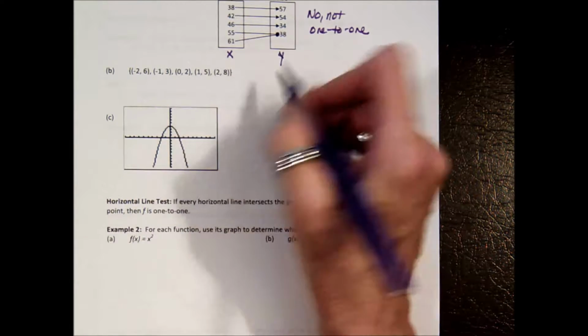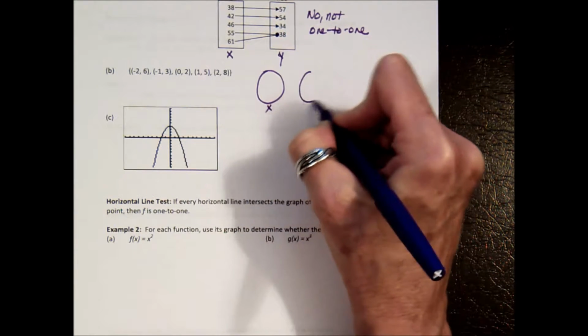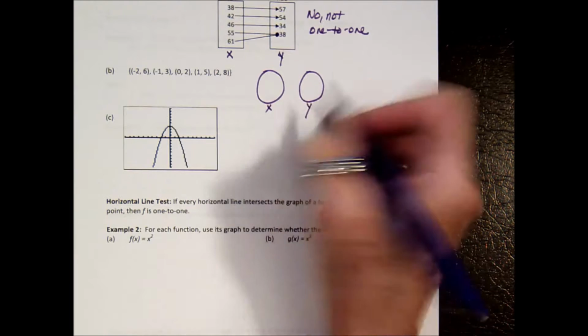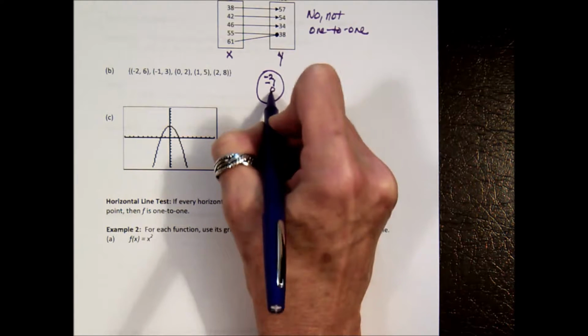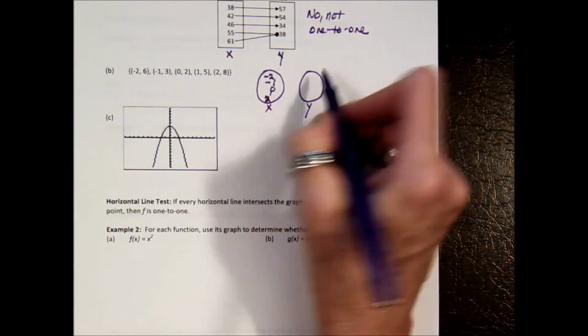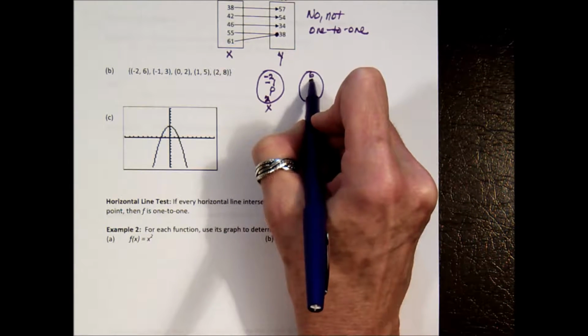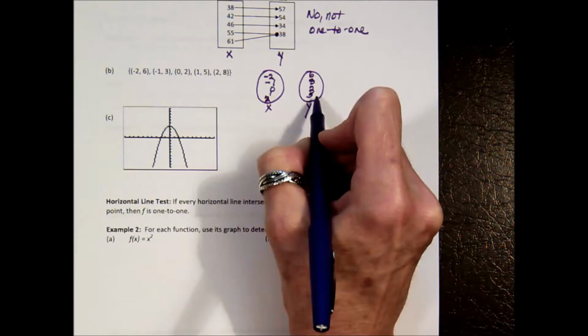All right, let's look at the next one. It's given as a set. I'm going to change it to a mapping because it's much easier to see. It's much more visual. So my x's are -2, -1, 0, 1, and 2. And my y's are 6, 3, 2, 5, and 8.